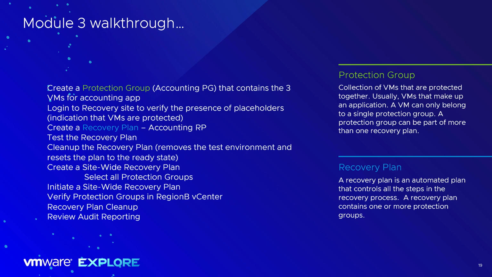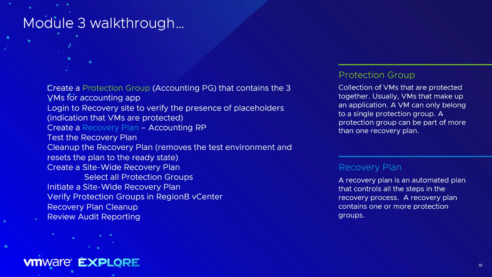I did put here that a VM can only belong to a single protection group, and a protection group can be part of more than one recovery plan. A recovery plan is an automated plan that controls your recovery. You can think of it as a run book. You can do a lot of things in a recovery plan.